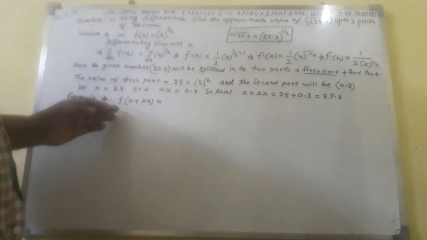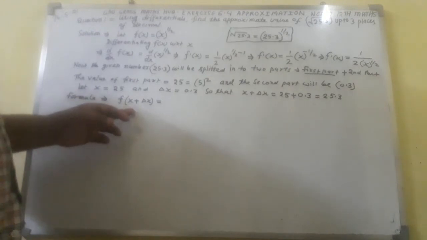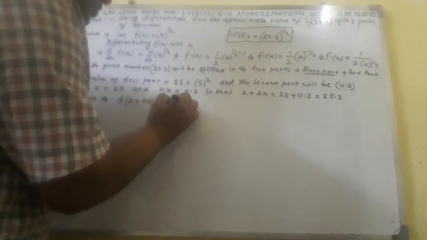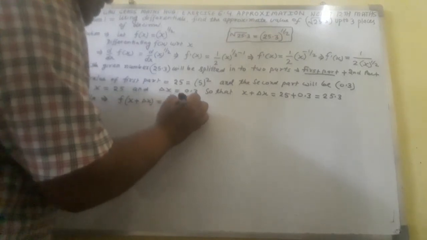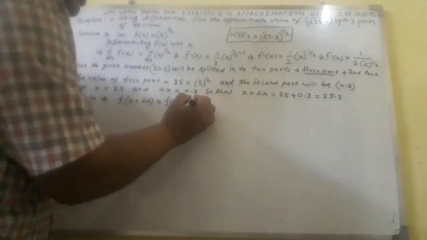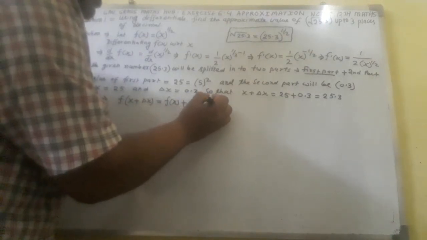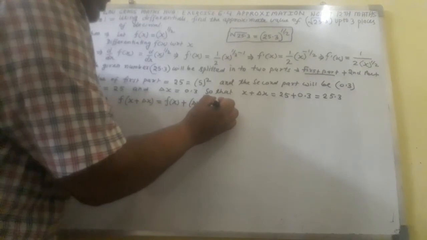The formula f of x plus delta x comes out to be f of x plus delta x dot f dash of x.